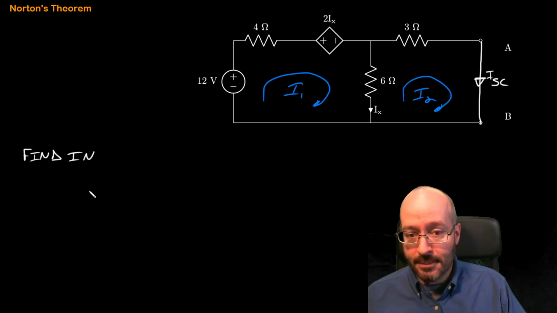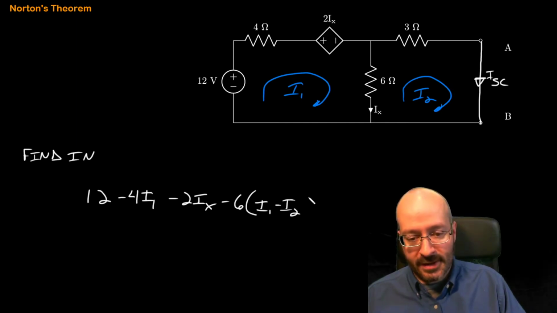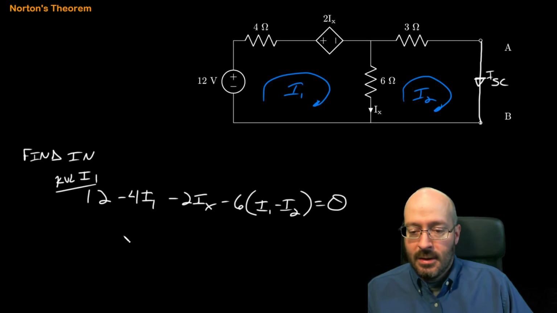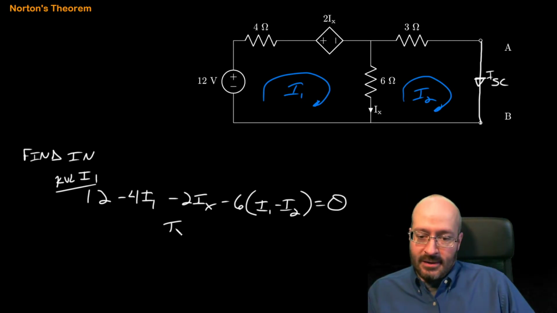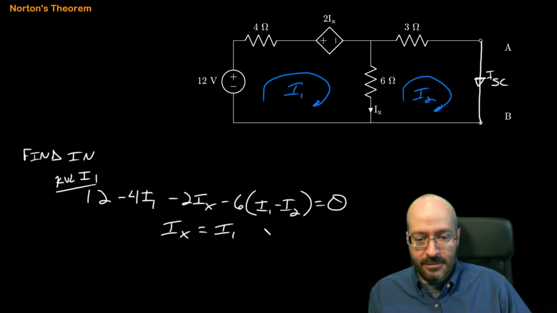So we're going to go up 12, down 4 I1, down 2IX, down 6 I1 minus I2. So we're writing a KVL for I1. All right, IX is a problem. We've got to get rid of it, so let's write an expression for it in terms of the unknowns.